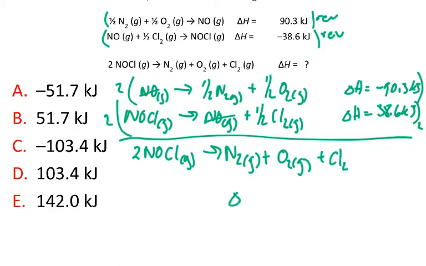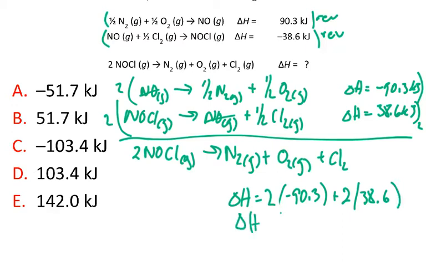So my delta H is going to be, sorry, not half, 2 times negative 90.3 plus 2 times 38.6. So I get a delta H equal to negative 103.4 kilojoules, which is answer C.